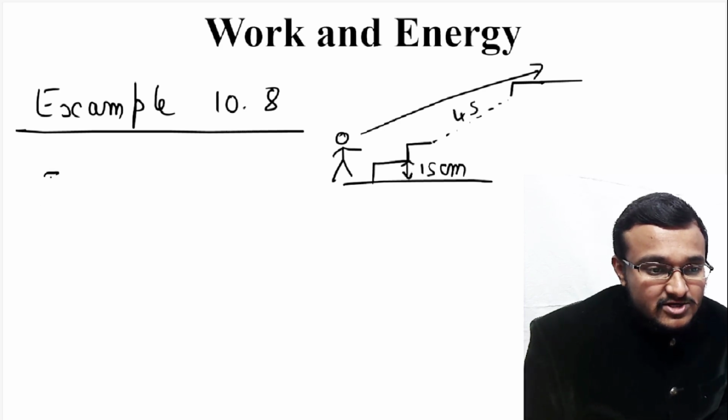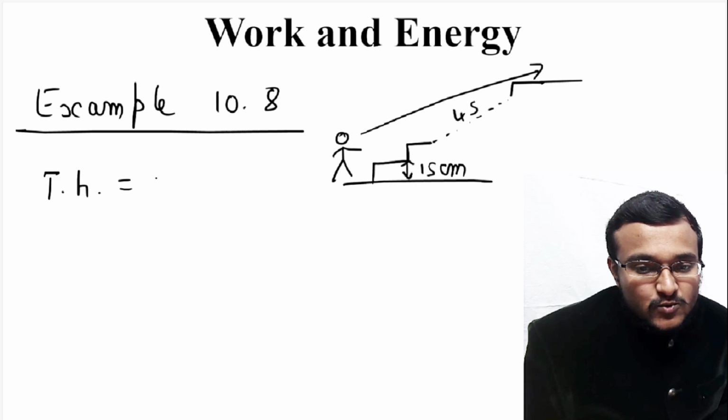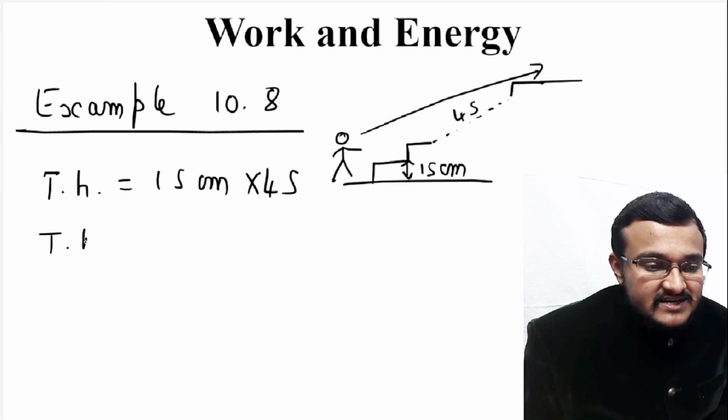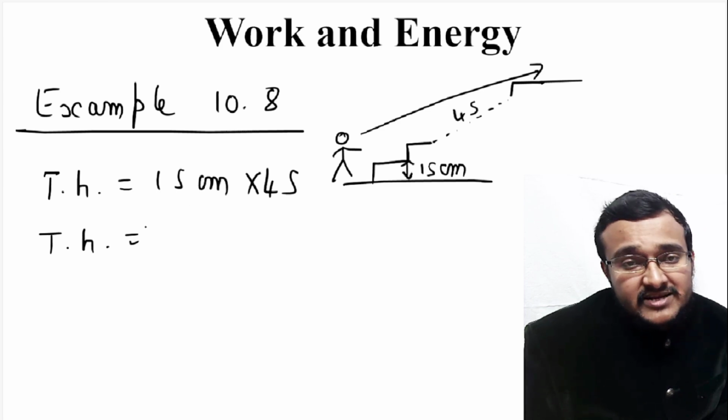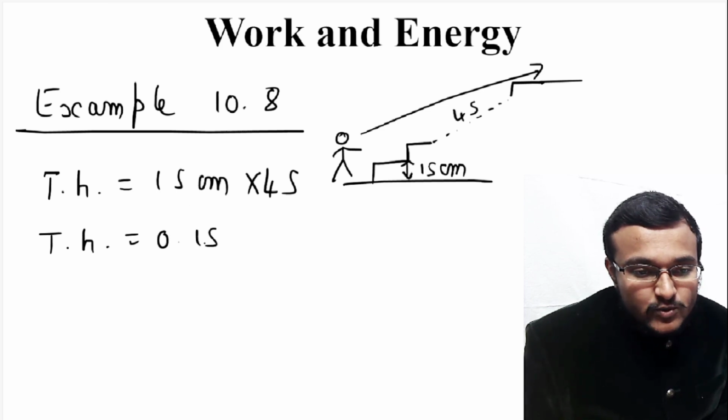Like this he has climbed 45 steps. So the total height is 15 centimeter into 45. I can convert 15 centimeter to meter, that is 0.15 meter into 45.